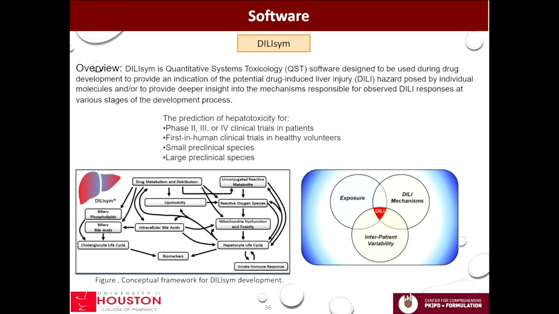Okay, and we know the PK, the exposure information in the circulation as well as in different organs, and for the in vitro work, many mechanistic studies showing the mechanisms of action that have potential to damage in this area.